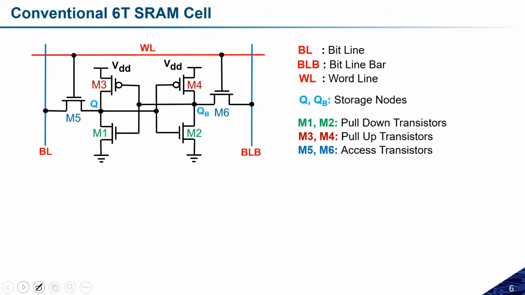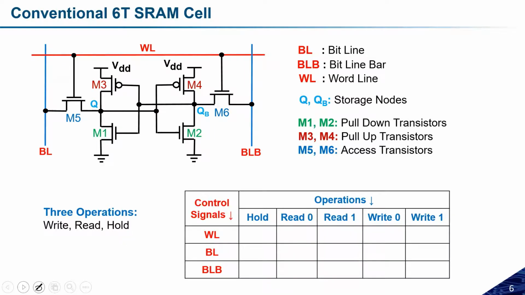Suppose I just told you we can have three different kinds of operation. I can have a write operation, I can have a read operation, or I can hold the data on the memory. And currently, if you see, we have three control signals: WL, BL, and the BLB.